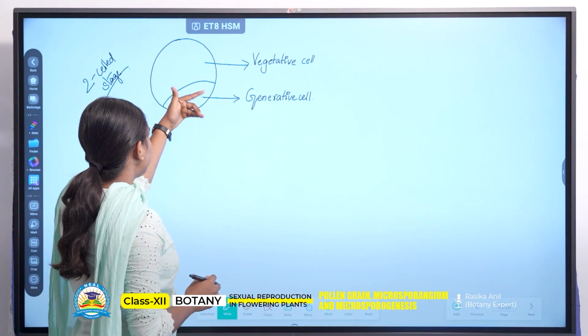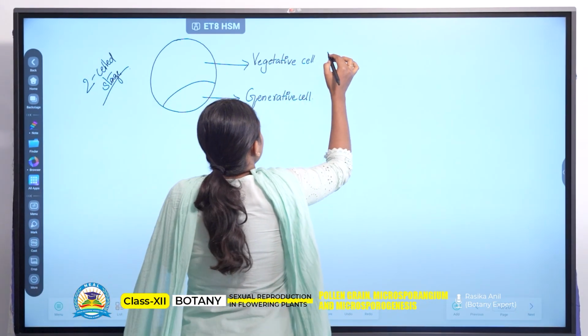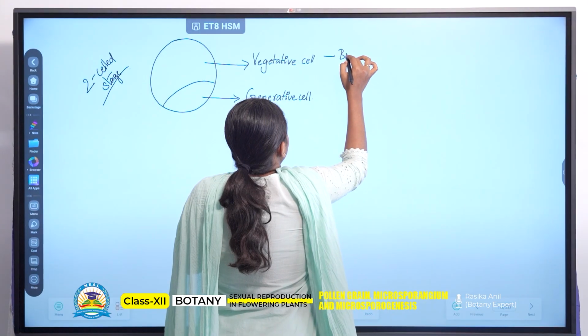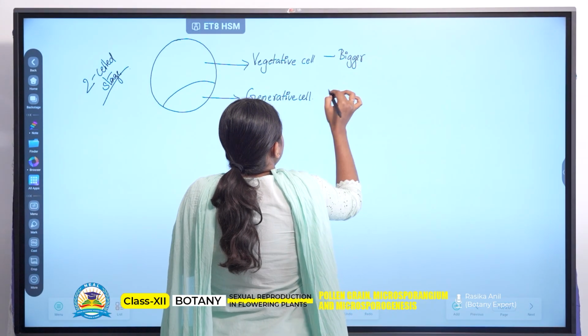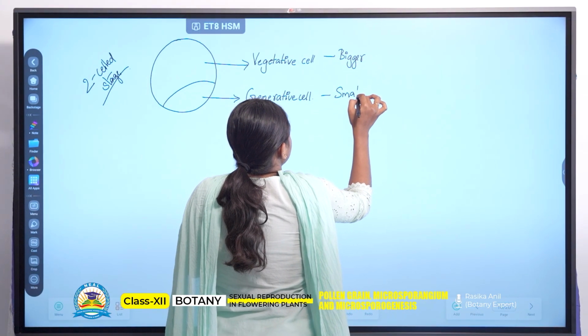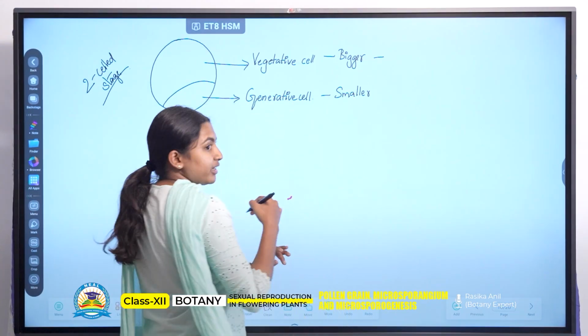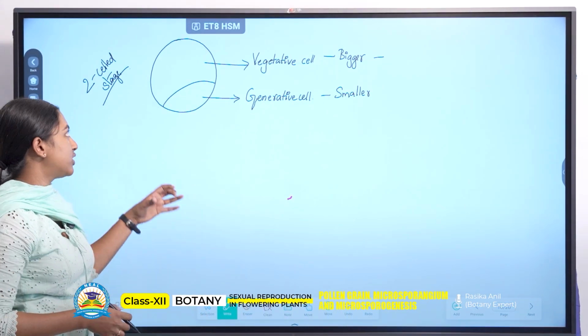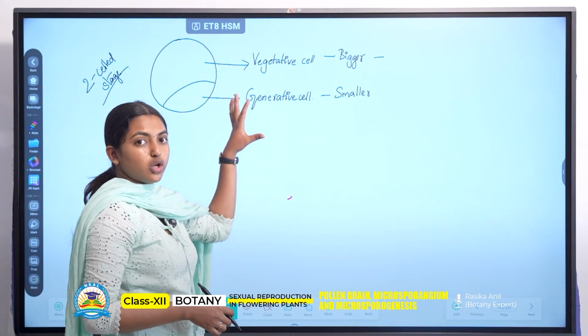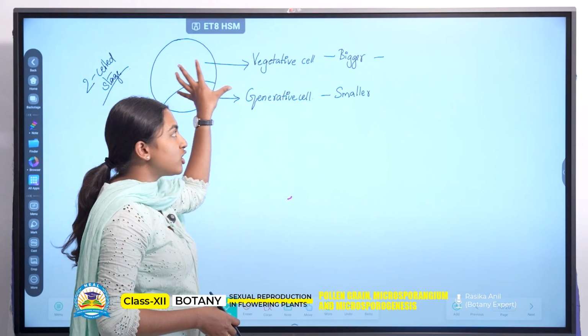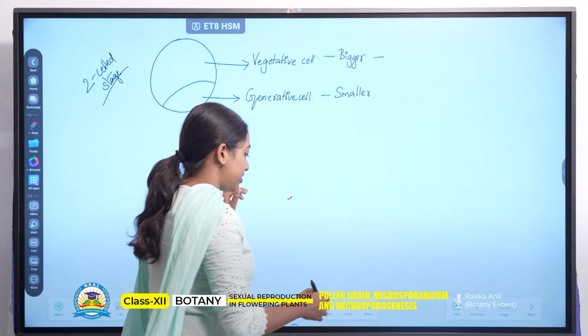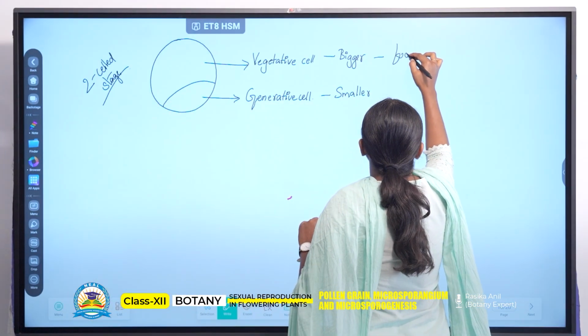Now see, which is bigger, vegetative or generative? The vegetative cell is bigger, right? The generative cell is smaller, right? Vegetative, vegetable, food, right? So the vegetative cell contains a lot of food reserve materials for the generative cell, right? So it is a food reserve.